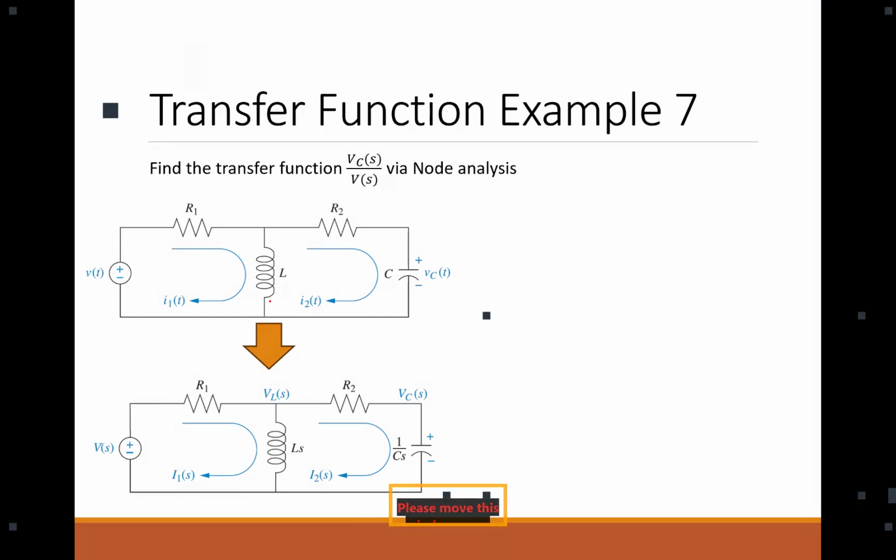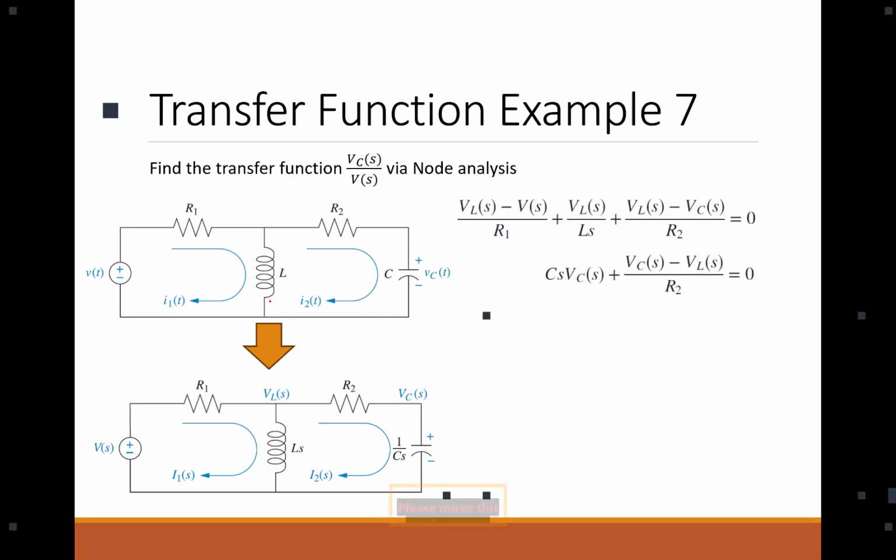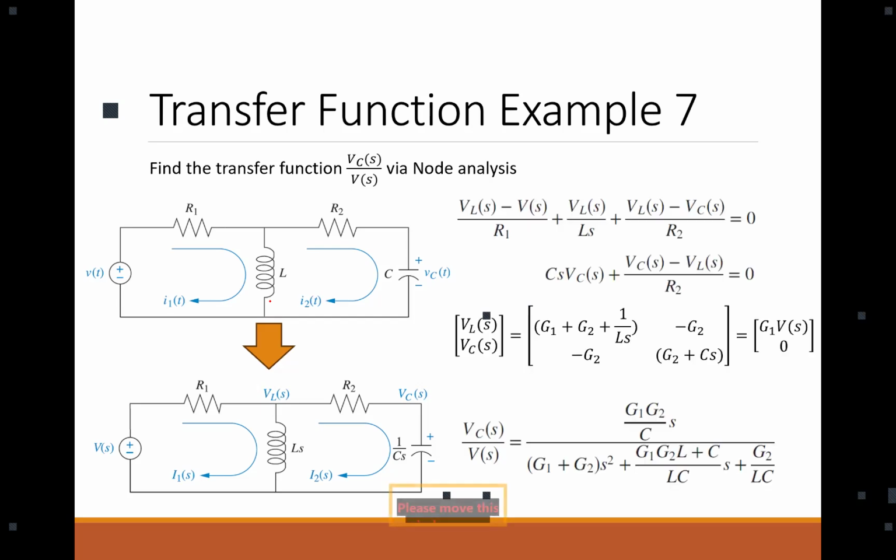Now, you want the voltage across the capacitor over Vs. The hard way is to run all the KVL, KCL again. If you run that, you see we have the CS. Because we use the admittance, it's 1 over whatever we had before.